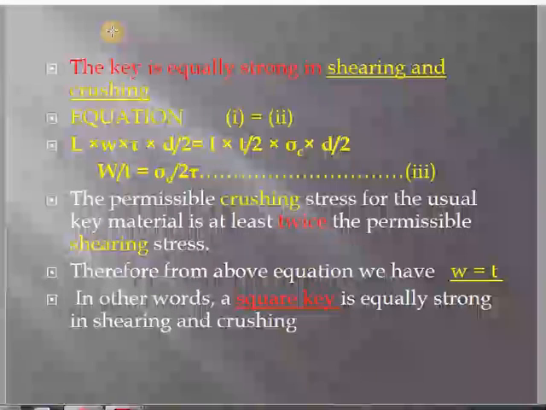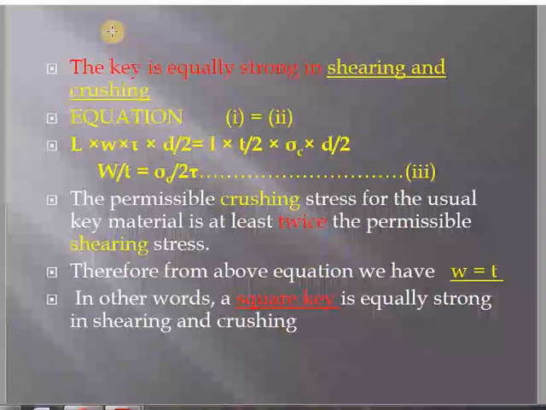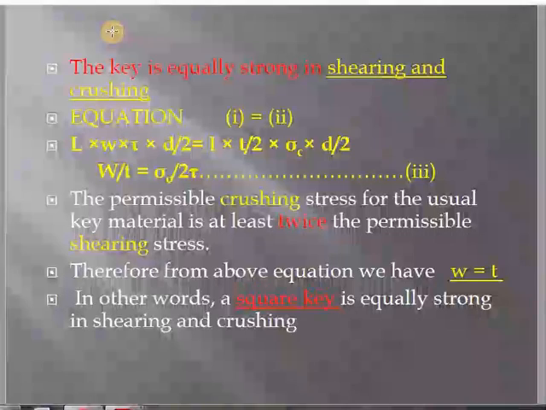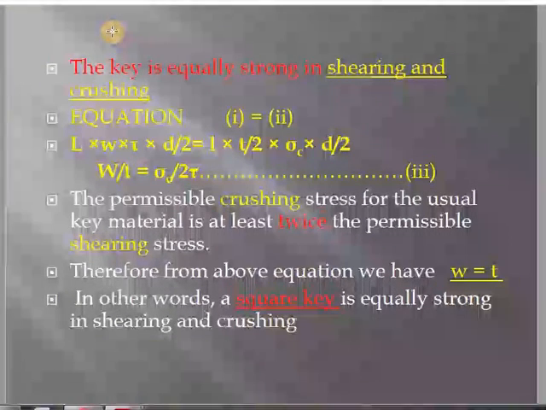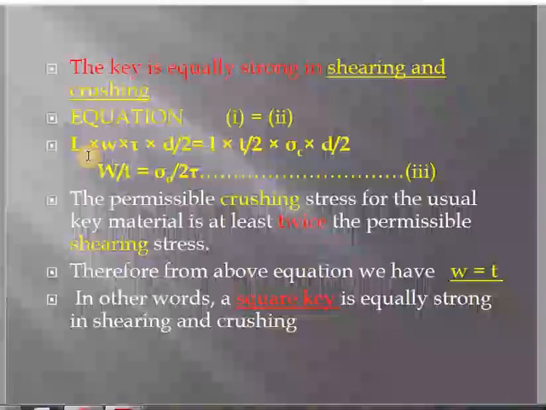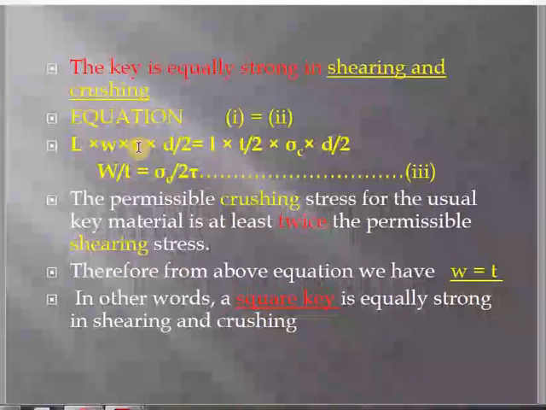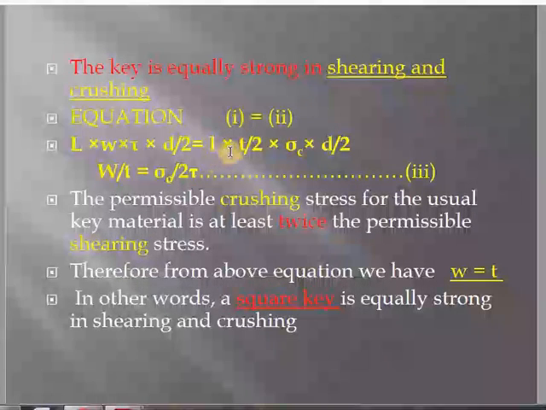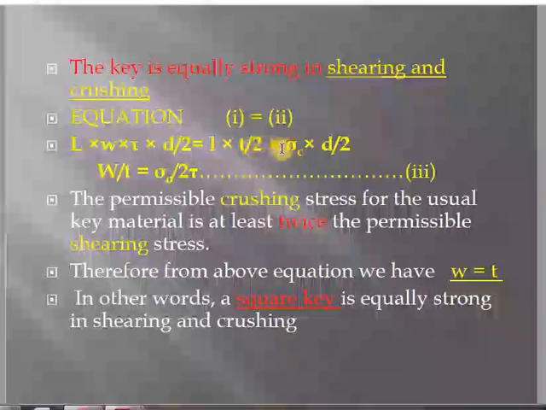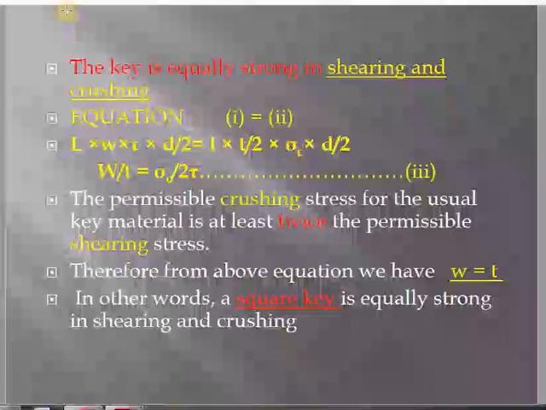Now we can consider the key is equally strong in shearing and crushing. Therefore, we can equate equation number 1 equal to equation number 2. Equation number 1 we have L into W into tau into D by 2, and equation number 2 we have L into T by 2 into sigma C into D by 2.